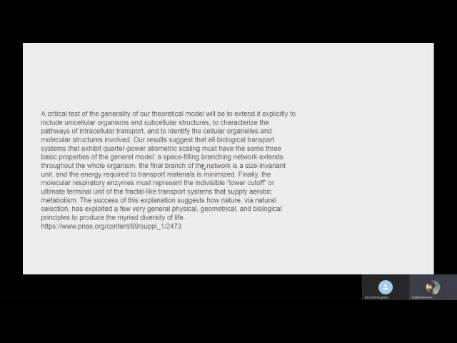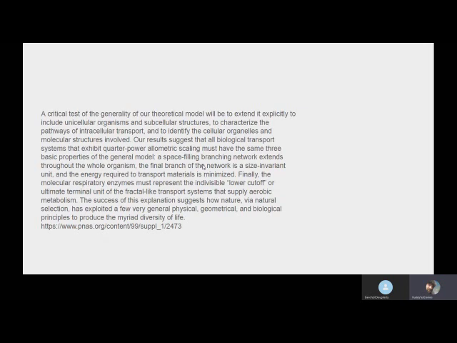A critical test of the generality of other theoretical models will be to extend it explicitly to include unicellular organisms and subcellular structures, to characterize the pathways of intracellular transport, and to identify the cellular organelles and molecular structures involved.